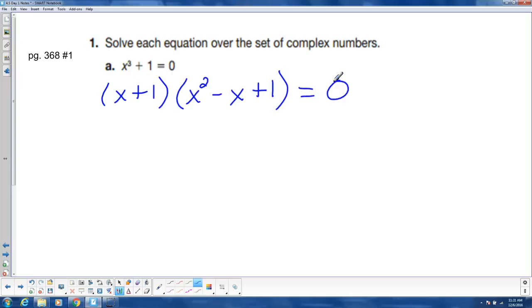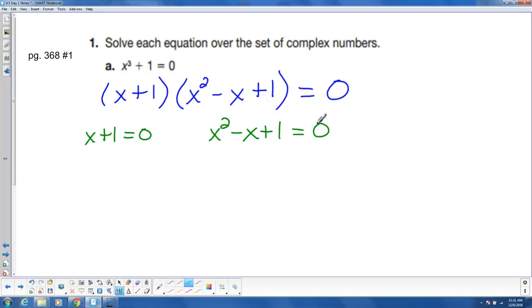When you go to that cubic formula that we got last Friday, that second factor will not be factorable. Okay. So then that means we go to x plus 1 equals 0 and x squared minus x plus 1 equals 0.